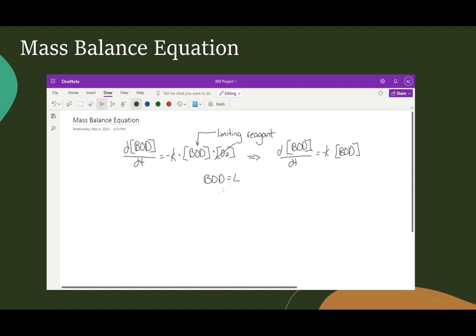And for our studies, BOD is represented by L. So then we can rewrite our mass balance equation using dL dt, which is equal to our negative K rate multiplied by BOD, which is L for this equation.